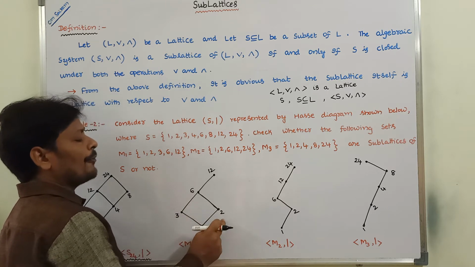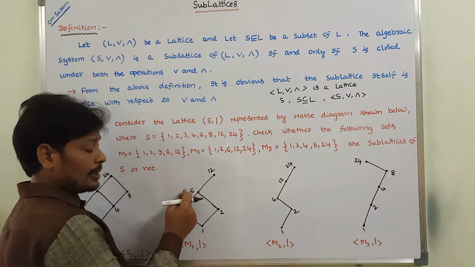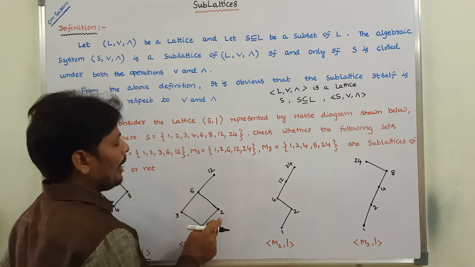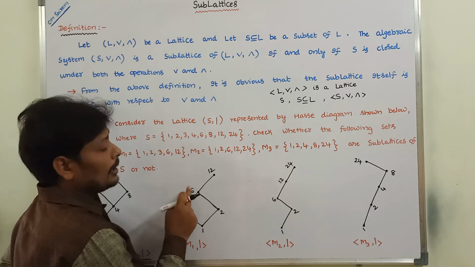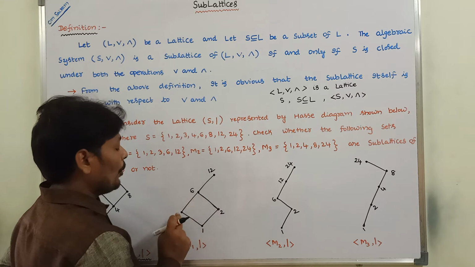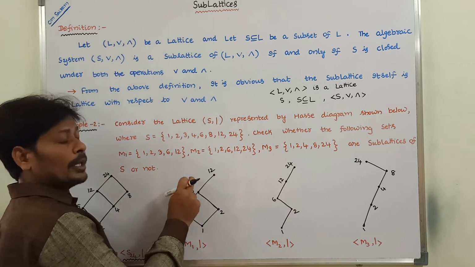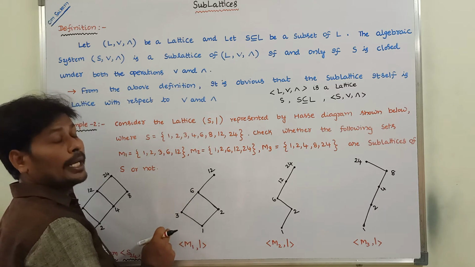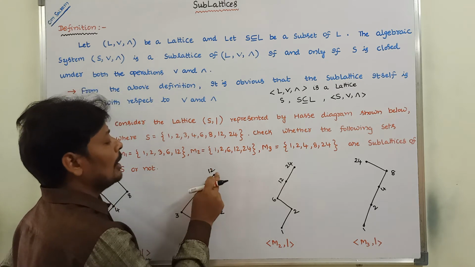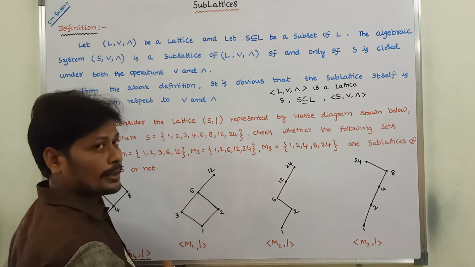The pair 2 and 3: least upper bound is 6, greatest lower bound is 1. The pair 2 and 6: least upper bound is 6, greatest lower bound is 2. The pair 3 and 6: least upper bound is 6, greatest lower bound is 3. The pair 6 and 12: least upper bound is 12, greatest lower bound is 6.